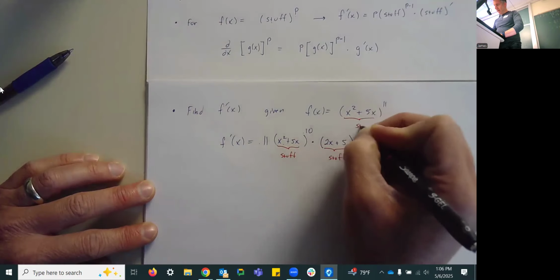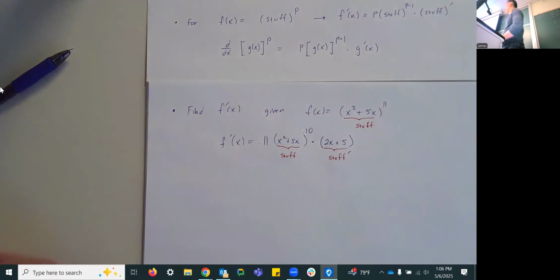I will point out, whenever you're using the chain rule, the original argument of your function, the stuff that's inside the function, whether it's being raised to a power, or sine of some stuff, or tangent of some stuff, or e to some stuff, that original argument has to show up again in your derivative.